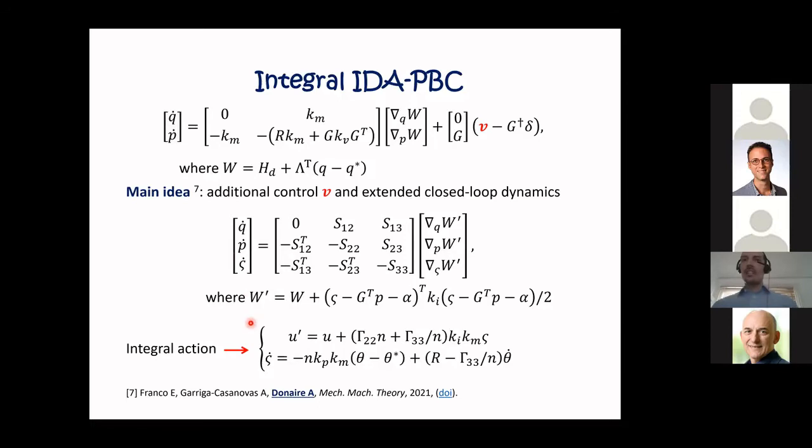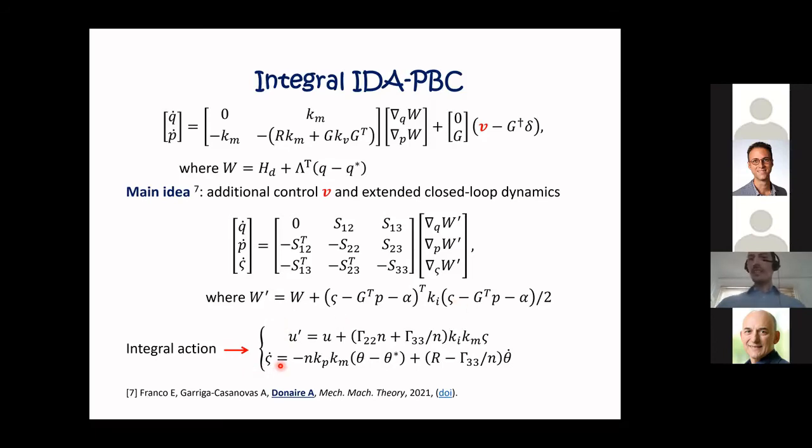And we define a new storage function, this W prime, which includes the Hamiltonian, the effect of the external forces, and our extended state. So again, we come face to face with the same limitations we had before, namely output feedback. However, if we are able to solve this matching, then we end up with a control law that includes an additional term, which is an integral action.